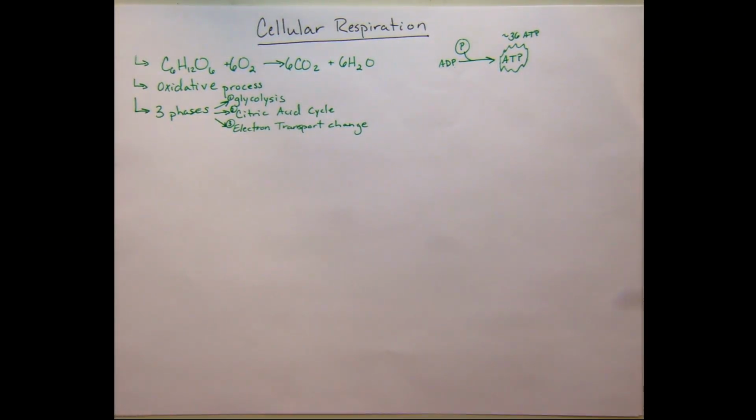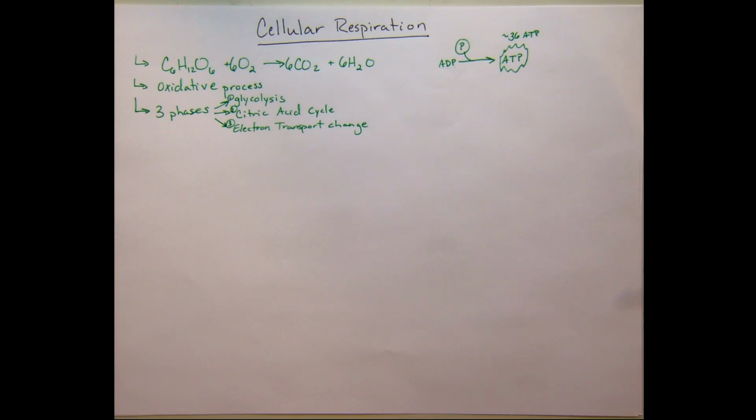Now, with these three, it is a very good idea to know where in the cell each one of these is occurring. This is going to help you with your biology as well, because this is not going to go away. Very important process, cellular respiration is. Where is glycolysis happening? Citric acid cycle and the electron transport chain? What does it react on?